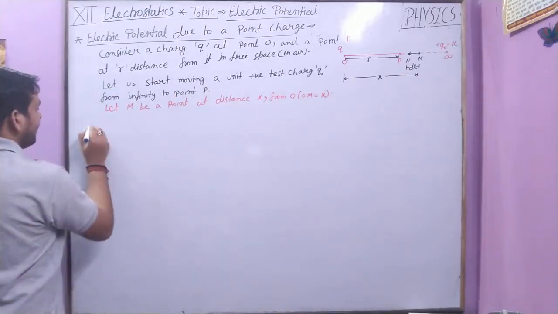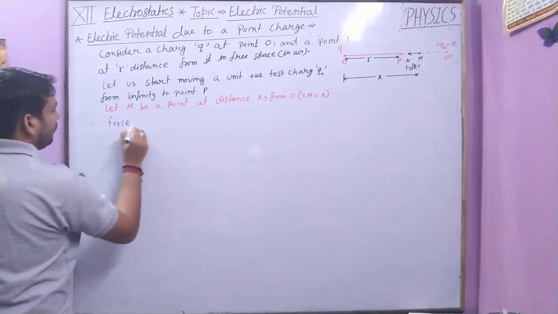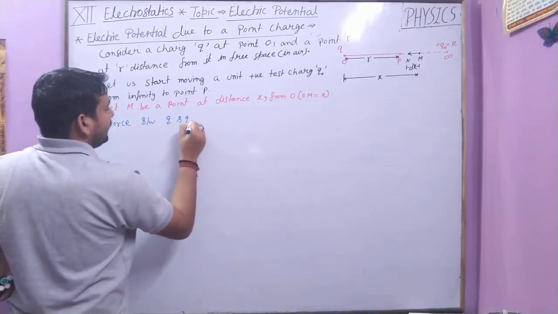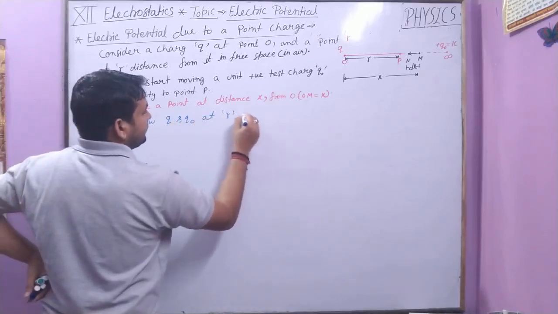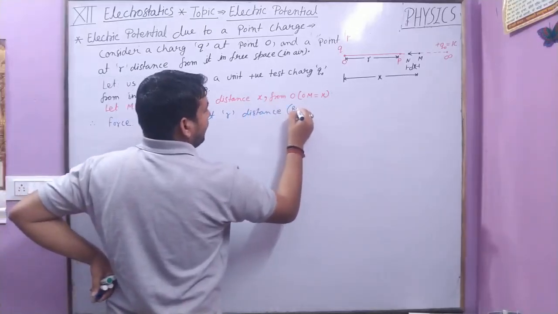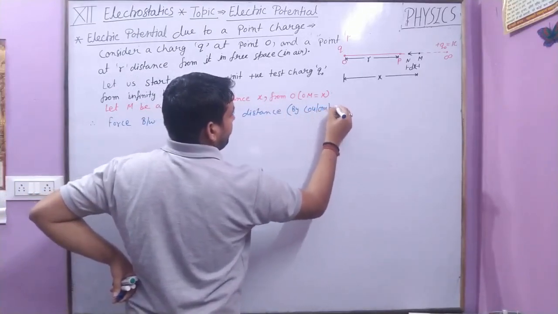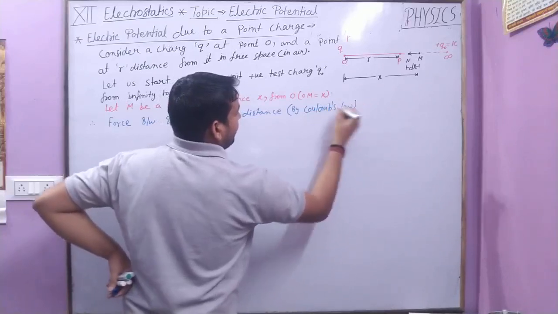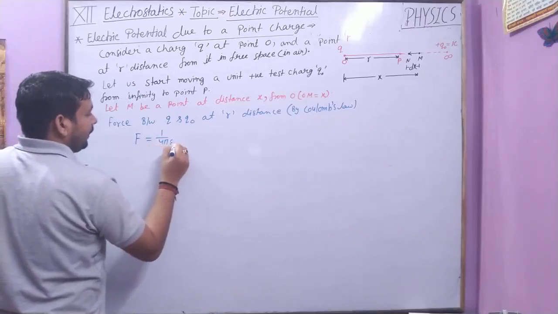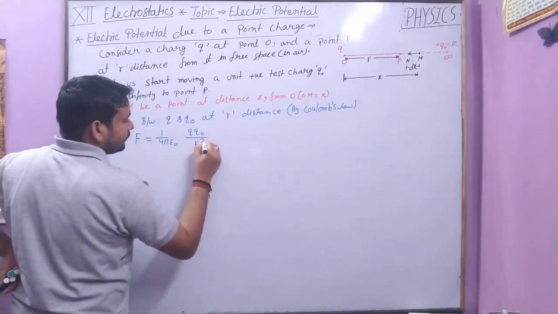Now therefore force between Q and Q naught at R distance, by Coulomb's law, we get this force is equal to 1 upon 4 pi epsilon naught Q Q naught upon R square.